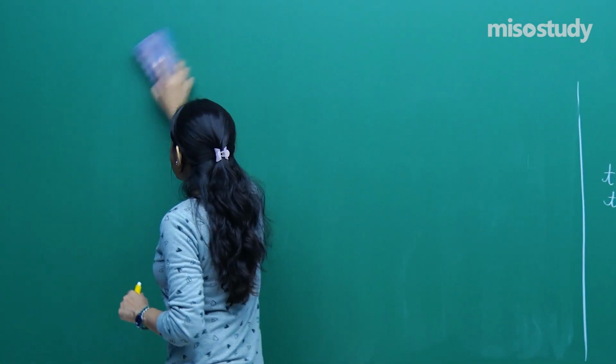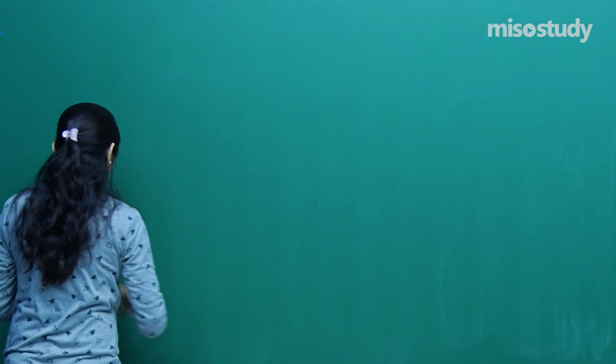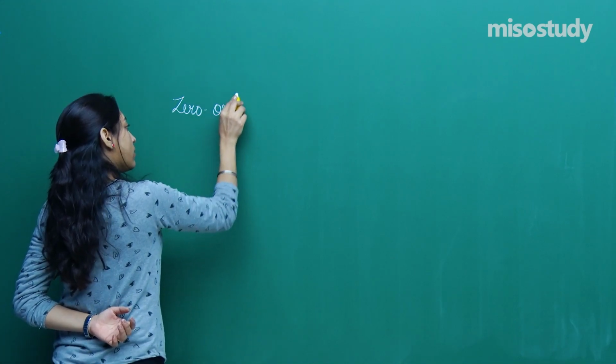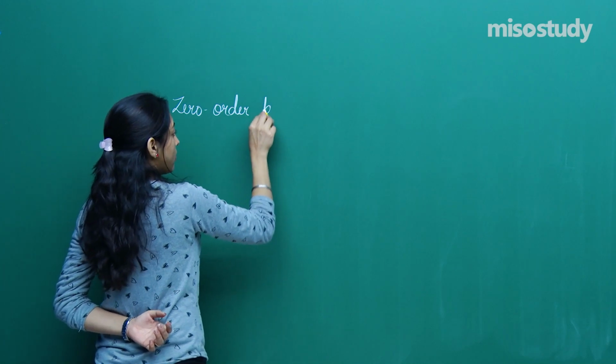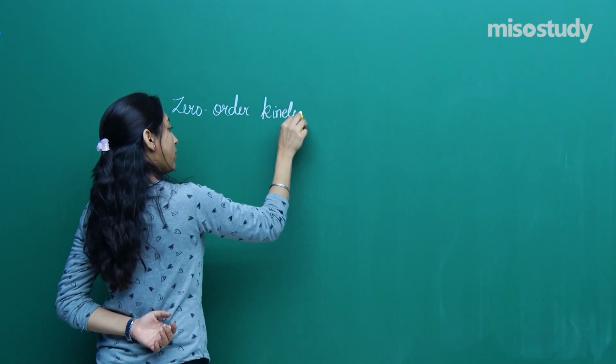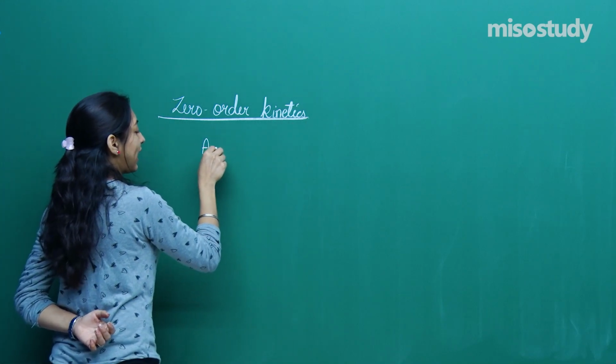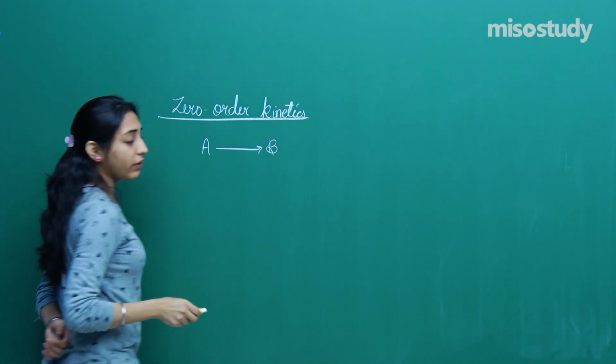When we were going to study the details of zero order kinetics, let us say this is A, it's going to give us B.